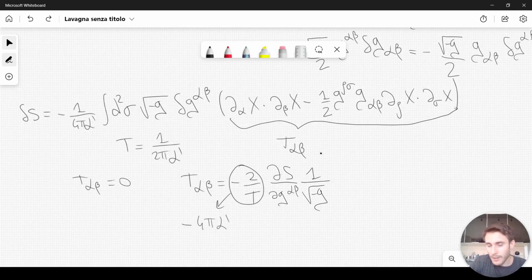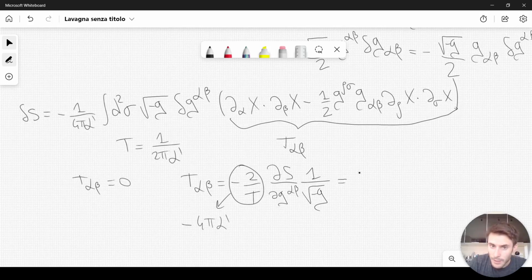So you can hear several names, but they refer to this tensor here, which is very important in general relativity, if you recall. In this case, we set it equal to 0 because we don't have any other object with respect to the string. So the energy momentum tensor of the string should be set equal to 0.